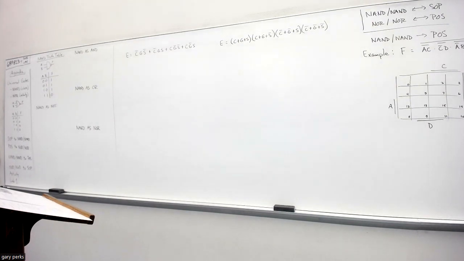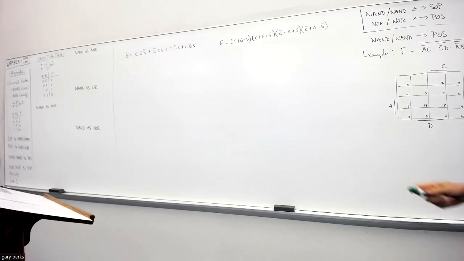I can make a NOT, I can make an AND, I can make an OR, and I can make a NOR with just NAND. And you can also make all the gates with just a NOR or multiple NORs. And that's why they're called universal gates. You can't make all gates with an AND, and you can't make all gates with an OR. Only NAND and NOR are universal gates.